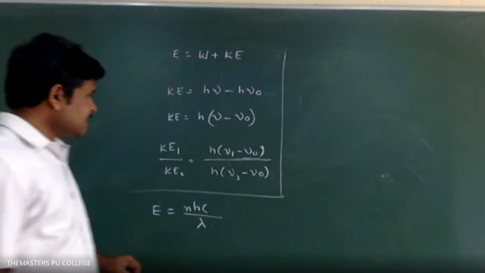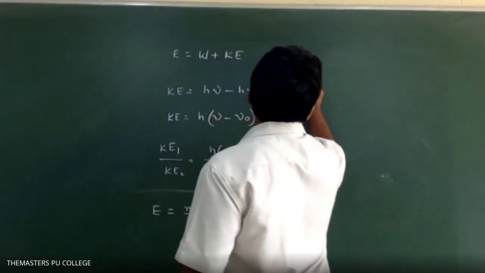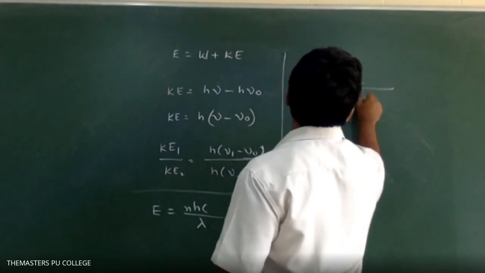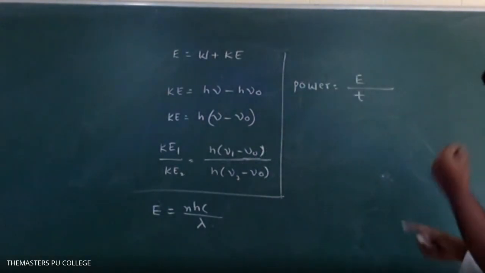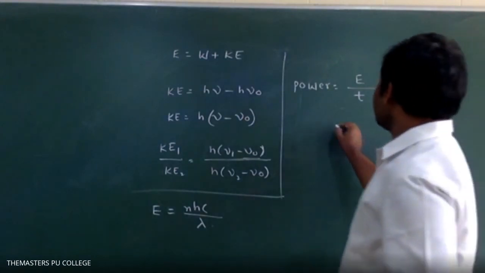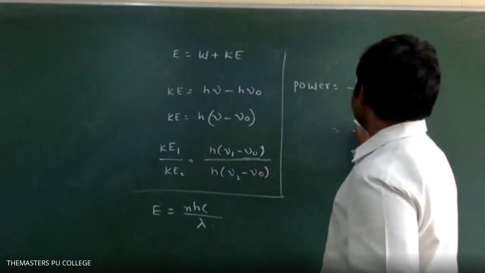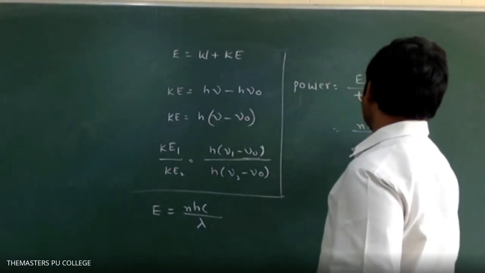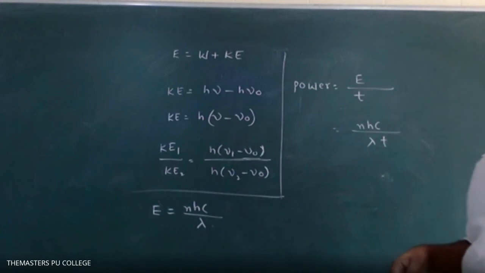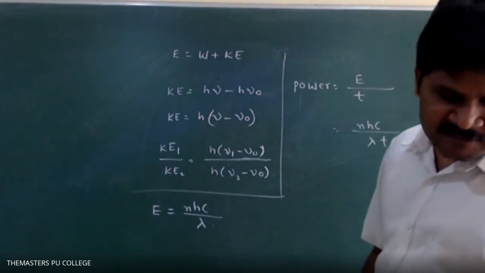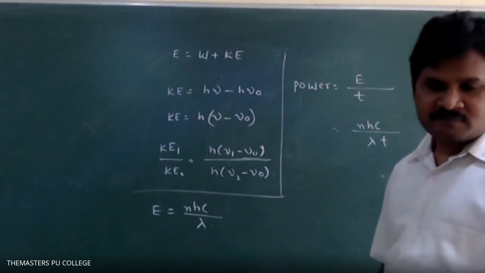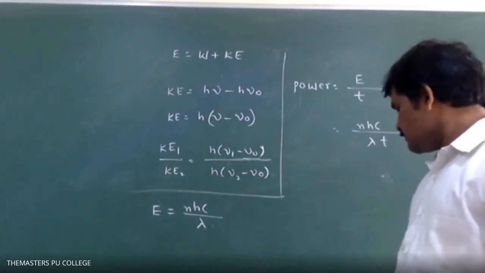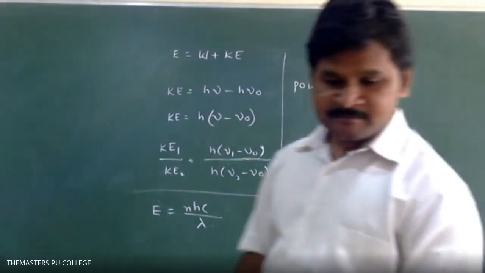Now one more formula: power is equal to E by t, that is equal to nhc by lambda into t. These formulas are required to solve the questions from 22 to 30. 22 to 30 means how many questions?